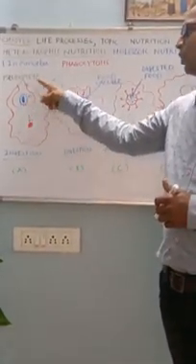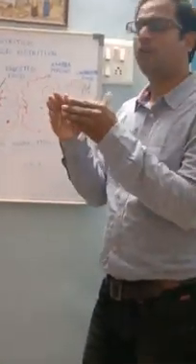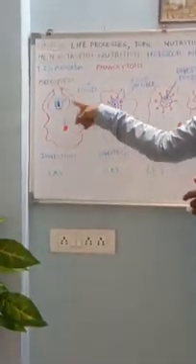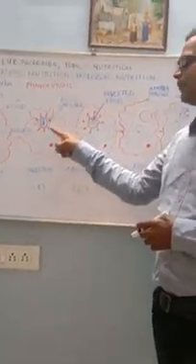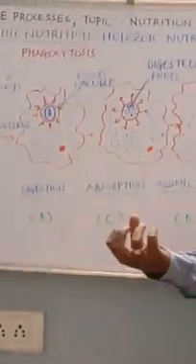It has a special body part which we call as pseudopodia. So it has false feet. So it extends those false feet and forms one cavity, and this cavity we call later on as a food vacuole. So this process of taking food inside the body we call as ingestion.